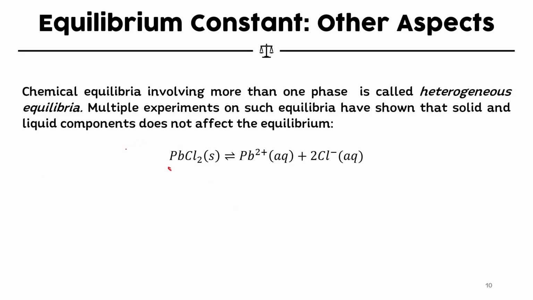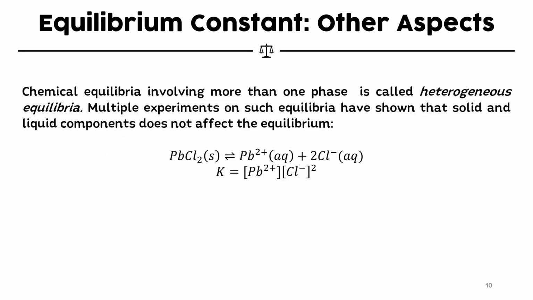Now, since this is a solid, this reversible dissociation can be expressed by this one here. So this will not change, okay? This one will only involve the ones in the equilibrium constant expression for this reversible dissociation of lead(II) chloride.